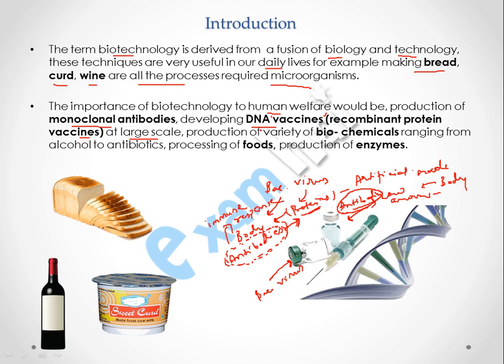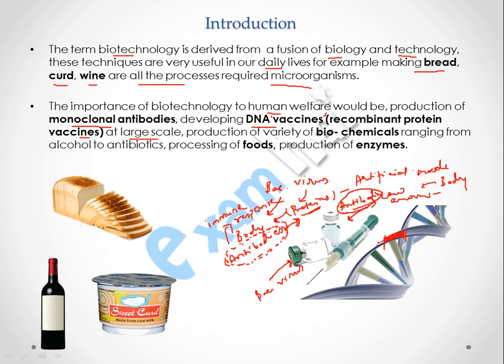Now, what is the use of developing DNA vaccines? These proteins are developed inside the bacteria and virus, from a very small part of the DNA, which is called a gene. This gene produces these proteins, so we use these genes in the recombinant protein vaccine.